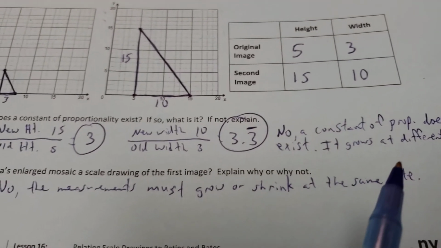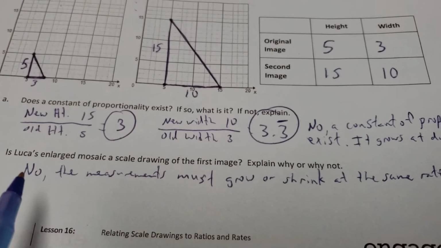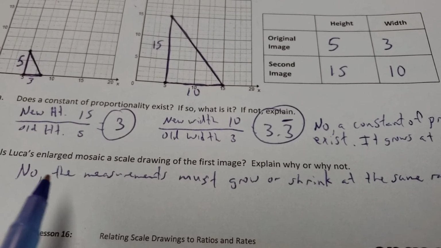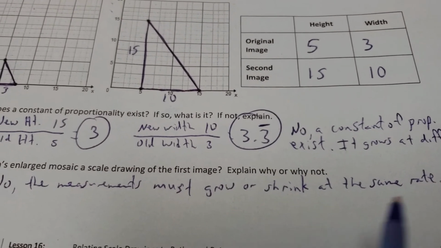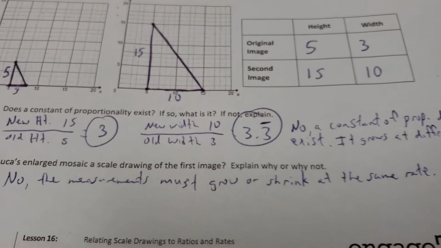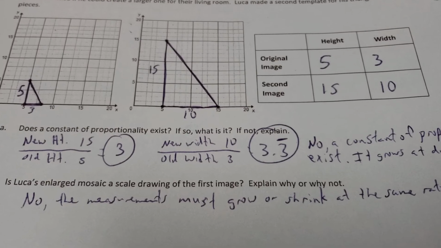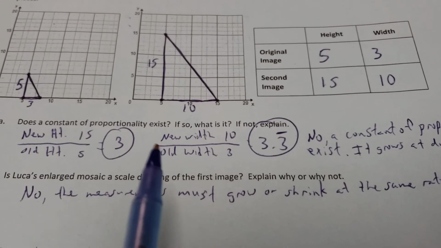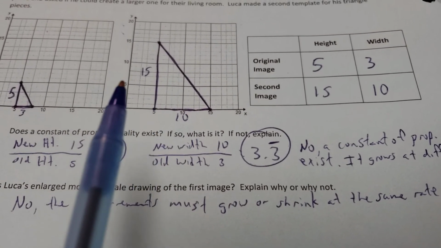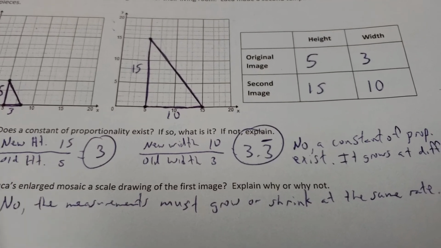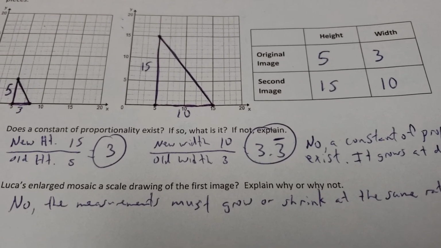So it does grow at a different rate. So is this a scale drawing? No, the measurements must grow or shrink at the same rate. All right? So if you keep taking your y values, your newest information, like the new picture, divided by the same measurement in the old picture, you can find what that constant proportionality is.